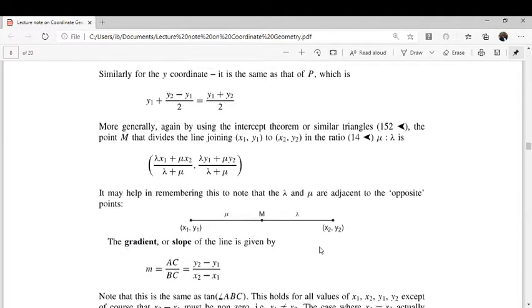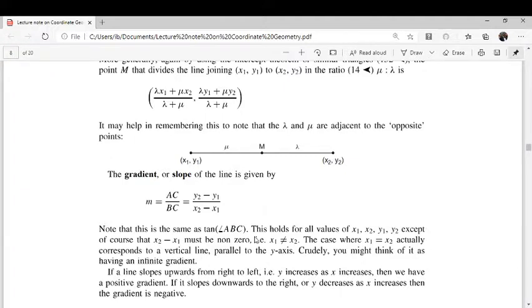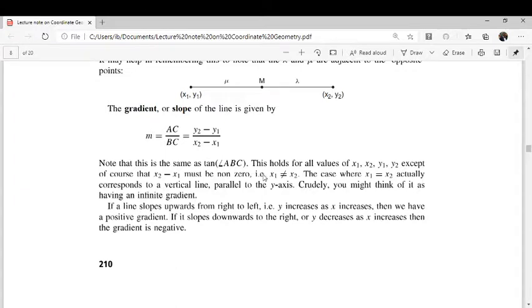So I can say that the gradient of the line, or the slope of the line, is y2 minus y1 over x2 minus x1. So when you talk about the slope of a line, when the slope moves upward from left to right, it is telling you that y increases as x increases.